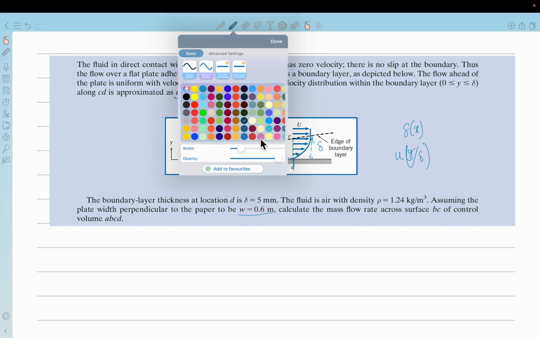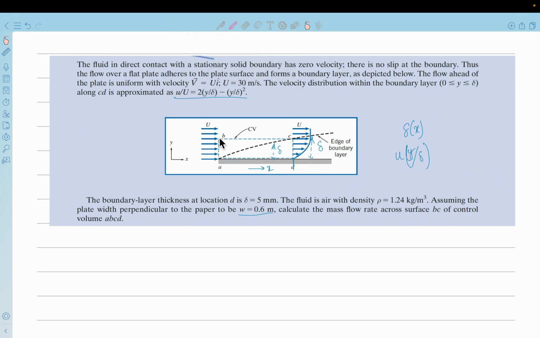If you look carefully, we have drawn this control volume, and what is given to you is that there is some influx, there is some outflux. Now clearly flow cannot move in this direction, right? There is no flow in this direction. Why? Because there is a solid, rigid boundary. So the flow cannot penetrate this boundary.